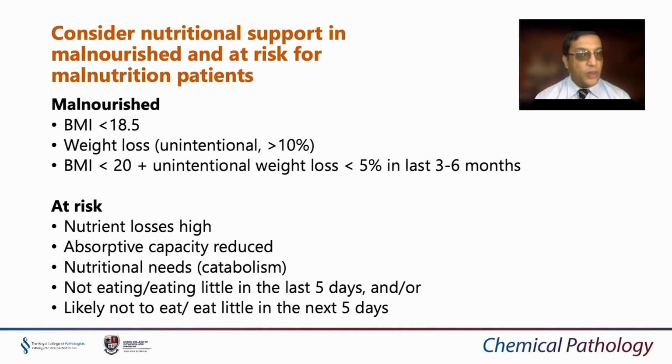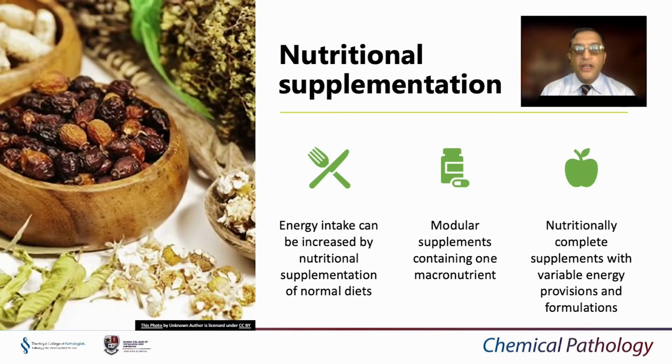Patients who have eaten nothing or very little in the last 5 days, and/or are likely not to eat or eat very little in the next 5 days, will also be identified as at-risk patient groups. All of these patients would then need to be monitored, and the introduction of nutritional support would need to be decided on.